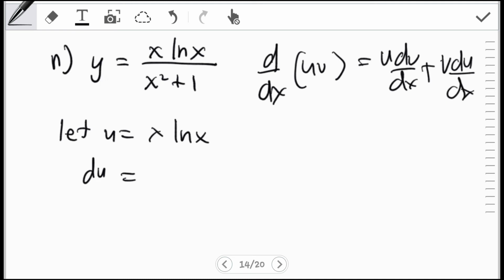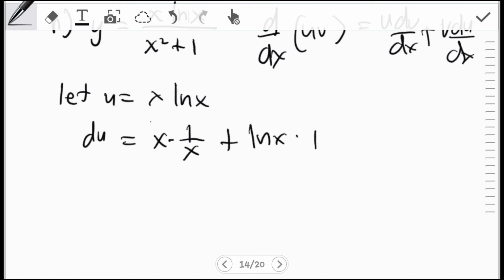So where u here is x, dv over dx is 1 over x, then plus v is ln x, then du over dx, the derivative of x, is 1.